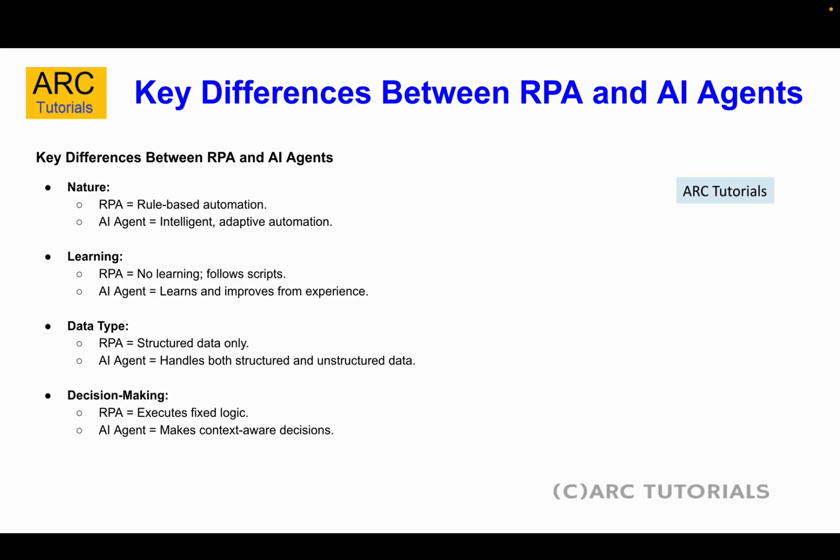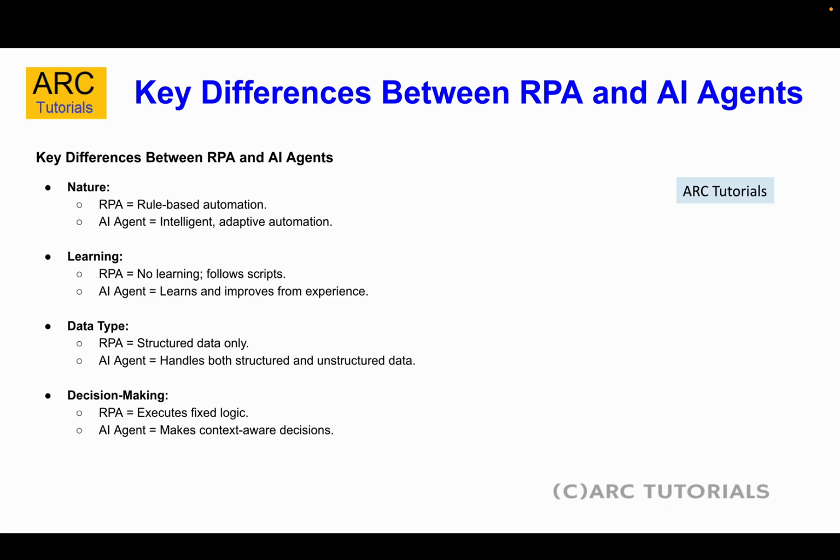So RPA is rule-based automation where you define the rules, you define the workflows, you define the script. Whereas an AI agent is intelligent, adaptive automation, which means it will learn based on the data sets it's been provided. In RPA, there is no machine learning as such. It just follows the script that is predefined. An AI agent will learn and improve from experience.